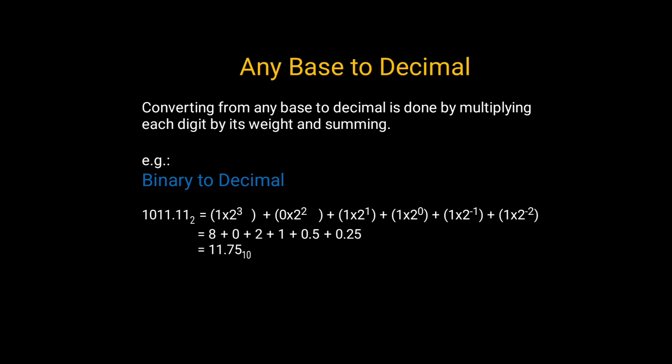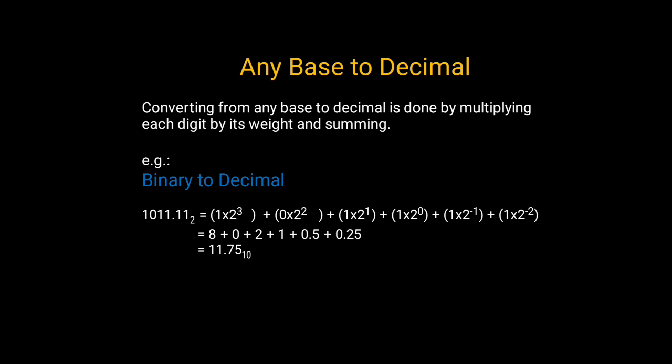So binary to decimal. Okay, in this example, we have to convert binary to decimal. The example we have given here is 1011.11. It's a binary number, so we are going to convert it into decimal. So first of all, you can find out the weight of each digit.